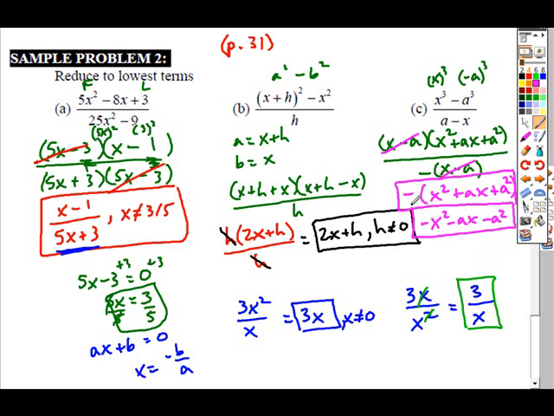Now, where this differs is on one of the questions on your quiz, it asks you to expand. The instruction to expand means you cannot write any factors. You have to expand it all out. So this form right here would not be correct if I asked you to expand. And again, there was one where it was negative some binomial squared, or something like that.